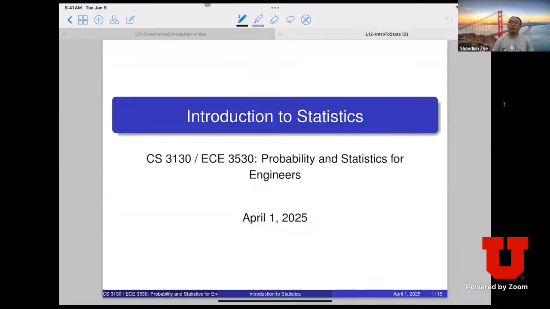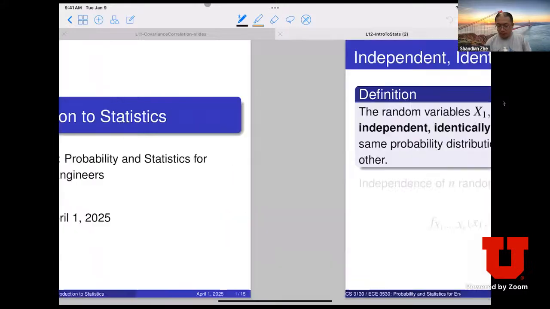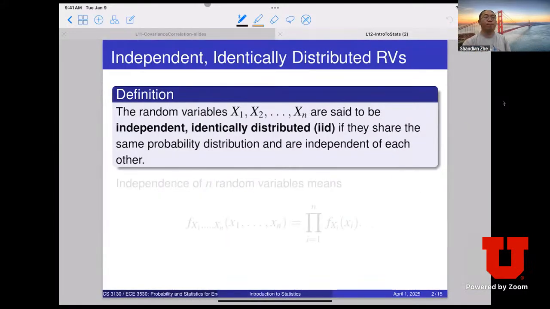Okay, so now let us start talking about some basic concepts in statistics. So far, we talked about a single random variable. A single random variable has probability density functions and cumulative density functions, right? And then we talked about the relationship between two random variables.